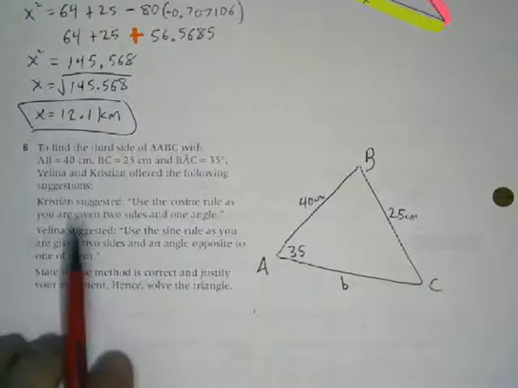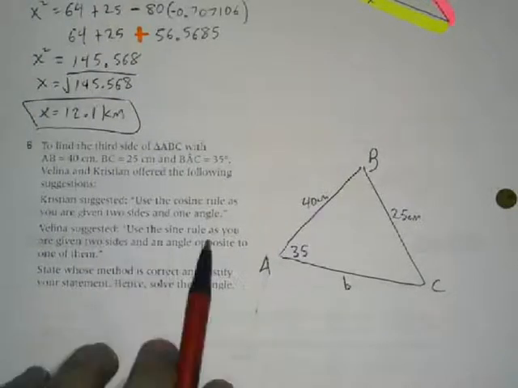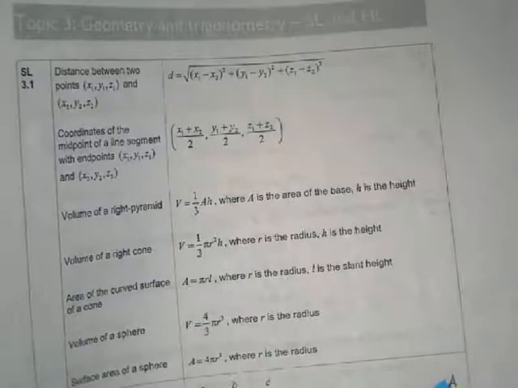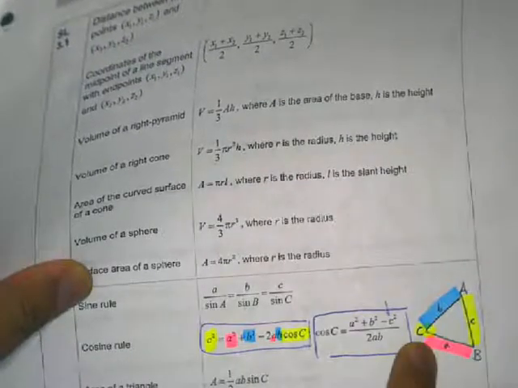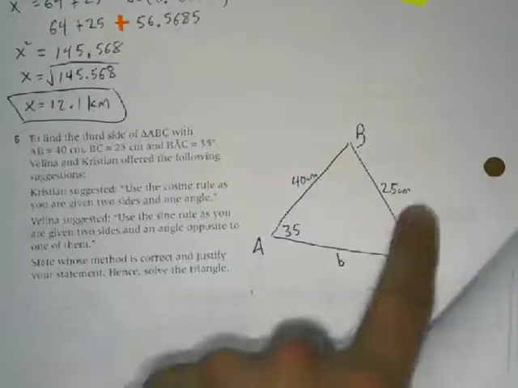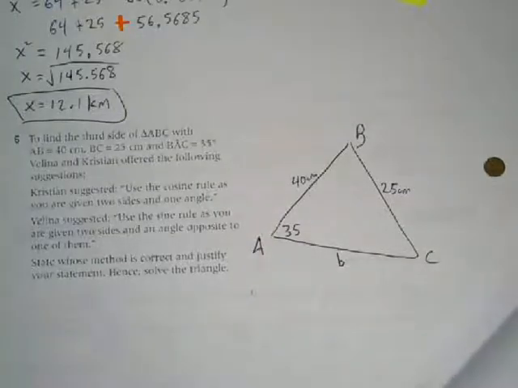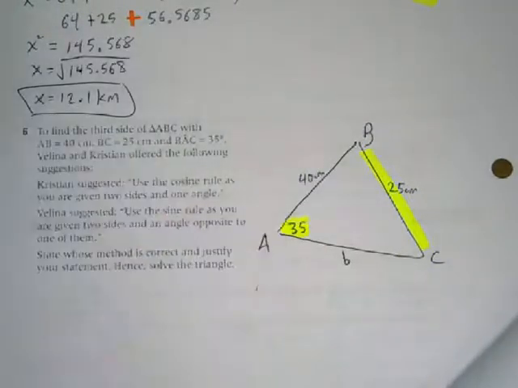Okay, Christian says, let's use the cosine rule. You are given two sides and one angle. Okay, well, let's think about that for a second. Cosine rule, if we're trying to find a side, we actually do know the side opposite of the angle.